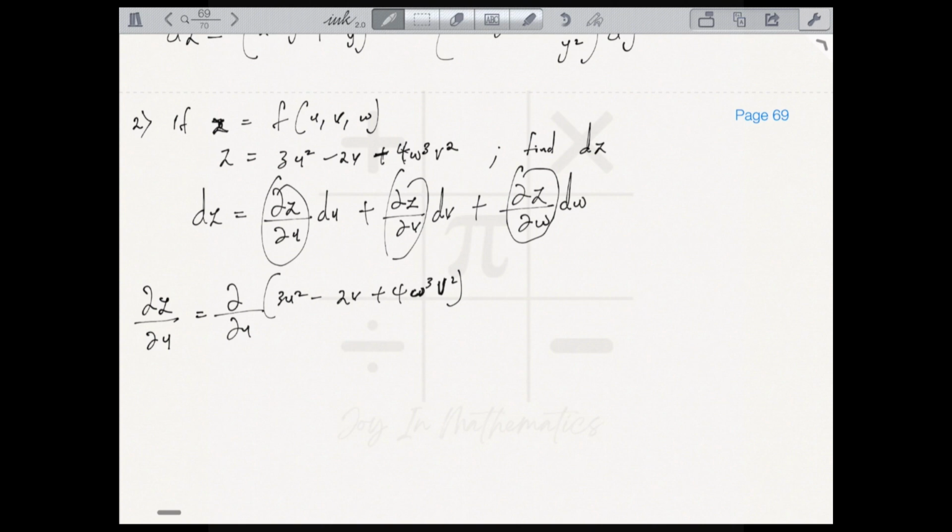Let's split this further for more understanding. And we have d du of 3u squared, minus d du of 2v, plus d du of 4w cubed v squared.